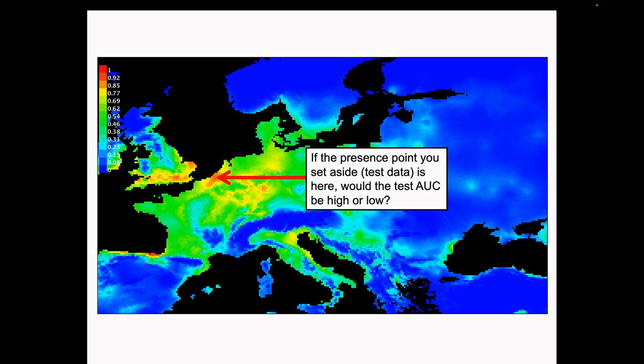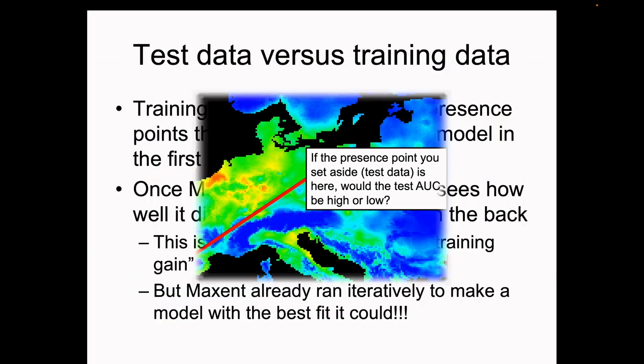In other words, would you expect that most of the other habitat suitabilities on the landscape are higher than the habitat suitability of our test location, or lower? This is something we can work on in class. Contrast that with here. Imagine that our test data point ended up being in this location. Would you expect the test AUC to be high or low? So think about that.